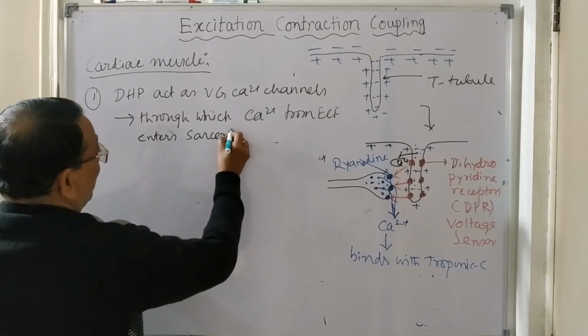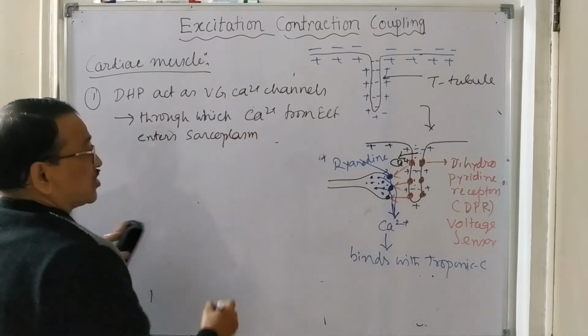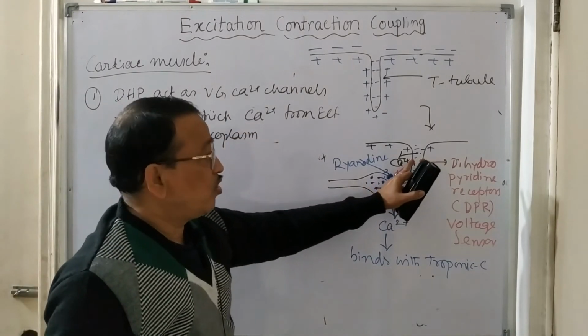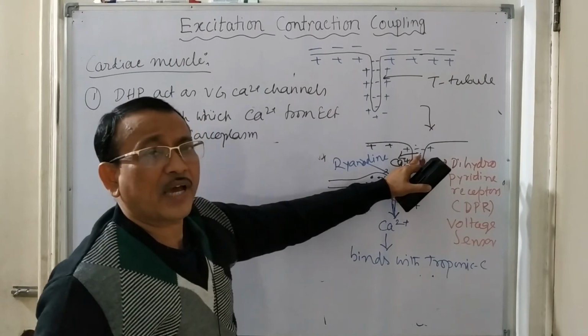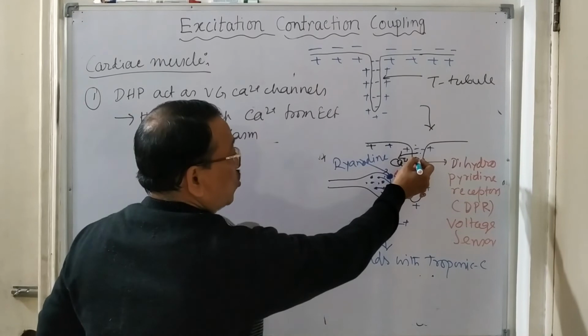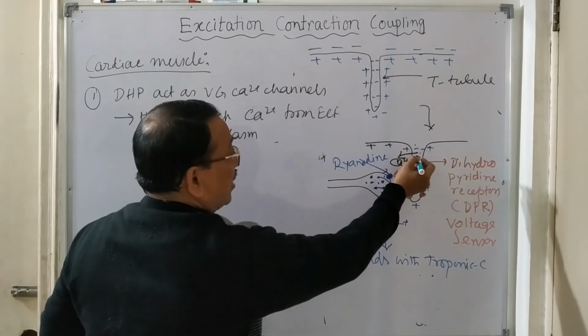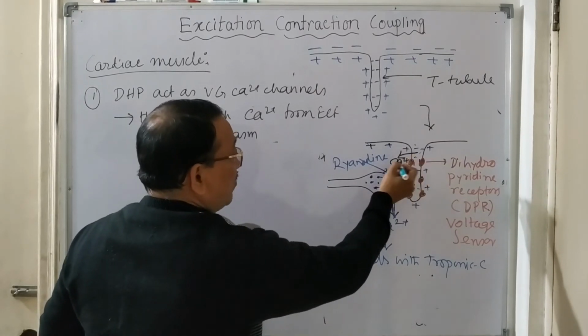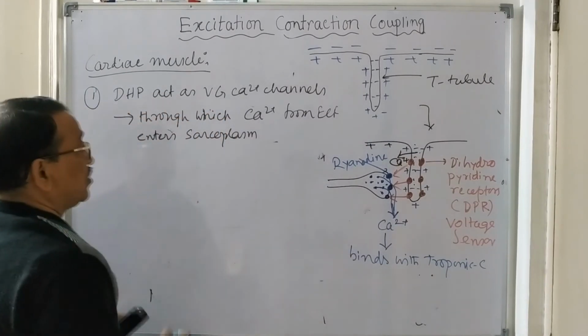This is difference number one. In case of skeletal muscle, no extracellular source of calcium ions is involved. But in this case, there is an extracellular source of calcium ions, from the ECF to the sarcoplasm.